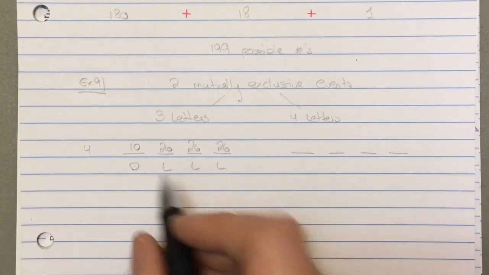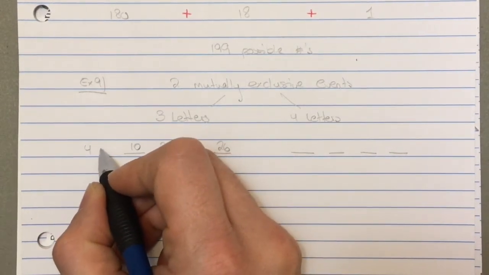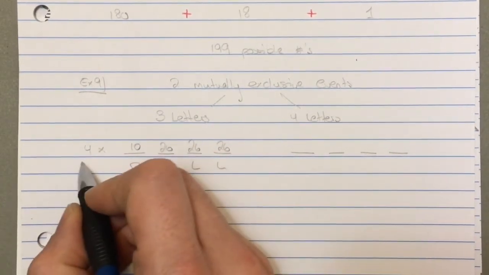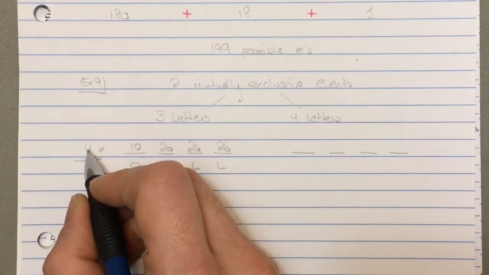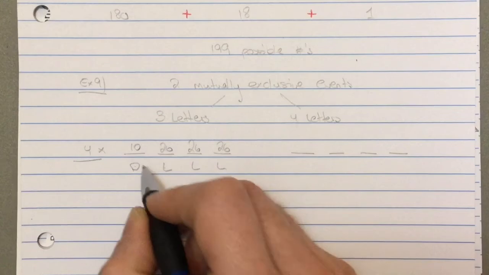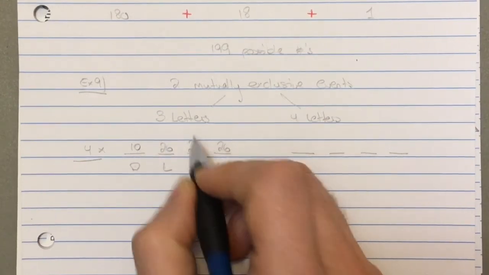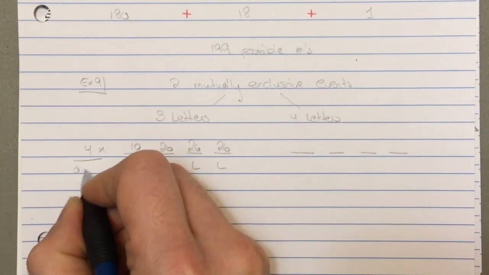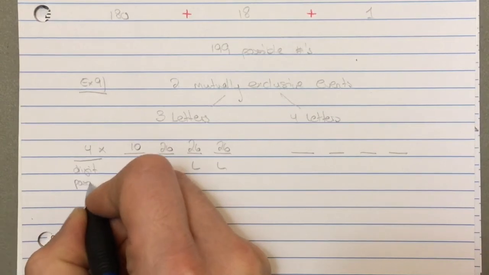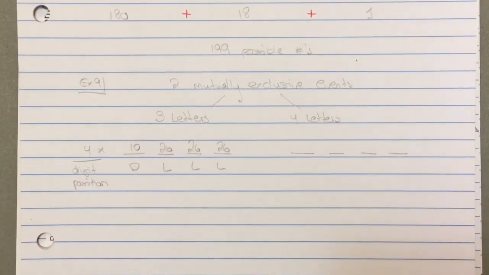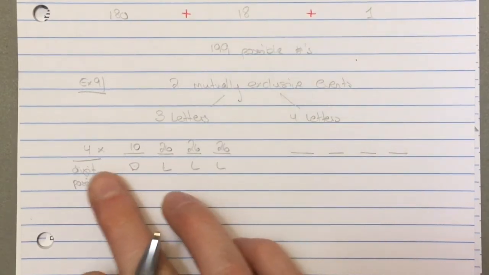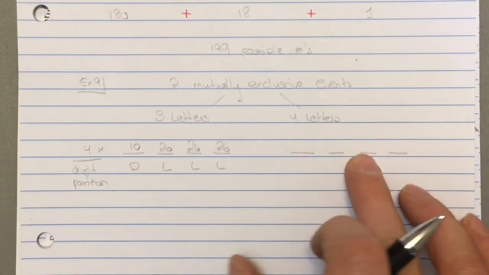So I will multiply this by 4, and the reason why is that the 4 represents my digit position. And now I can work on the 4 letters.